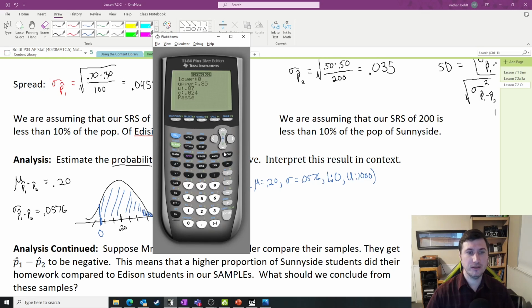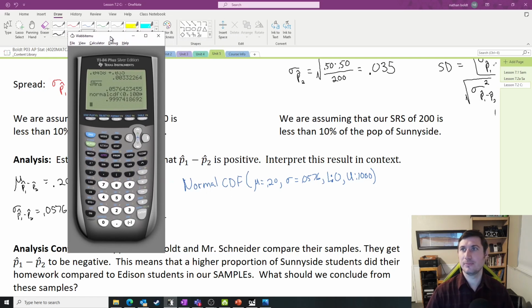Distribution, normal CDF, lower 0, upper 1,000, my mean 0.20, my standard deviation 0.0576. 99.97%. Woo!